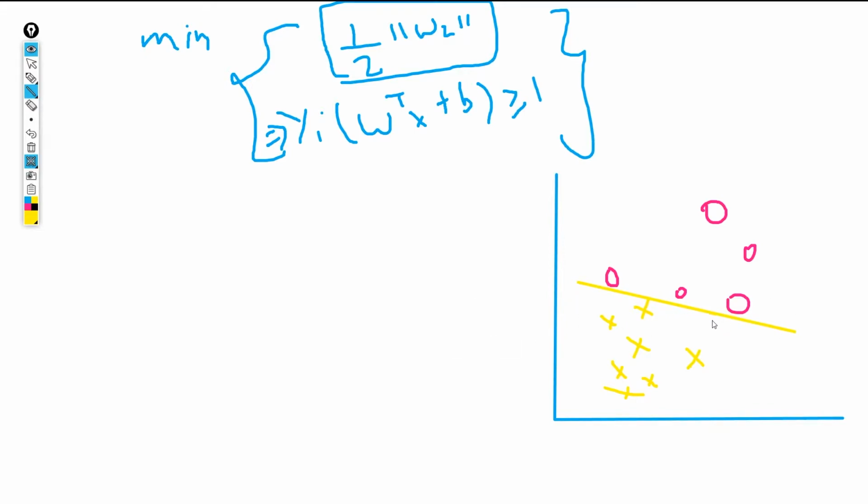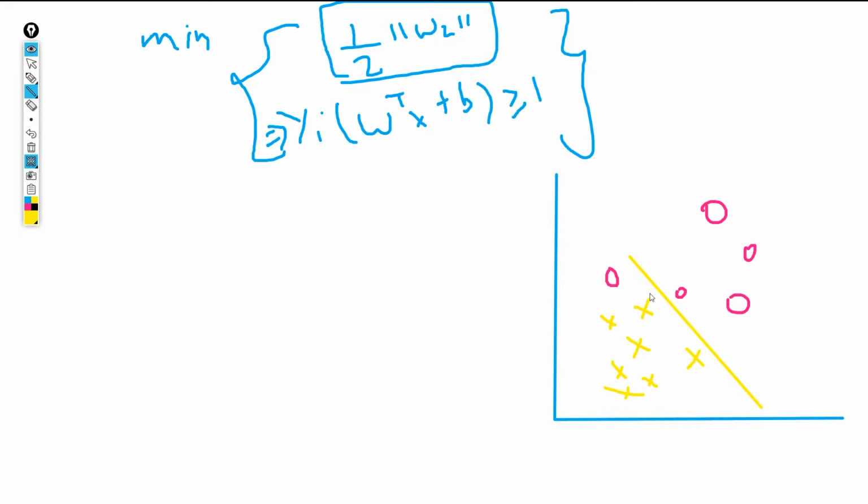But this is not a very good line. The reason I'm saying that is, if you see, each and every point is on this side, and only one point is here. If we do not allow this point to have some error, it is going to affect every other point. Although the majority of data is on this side, this single point is affecting every other point. So what we are going to do is make a line like this.